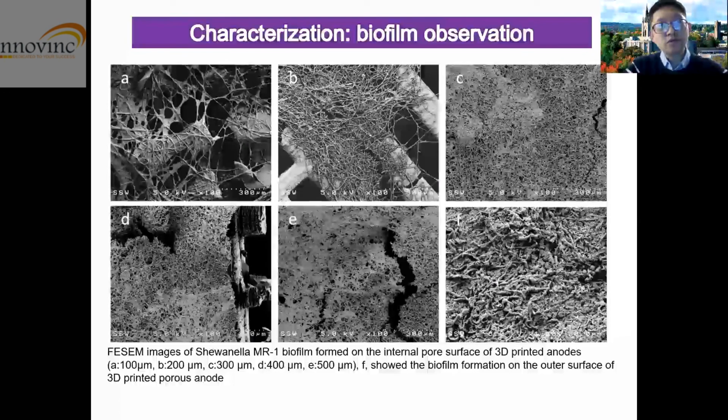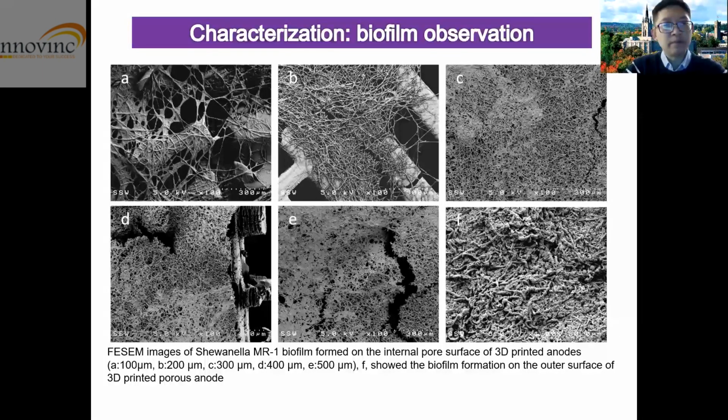So we can do different characterizations of the biofilm for different pore sizes, as we make such carbonized electrodes with different pore sizes. Then we can study how bacteria grow on different electrodes.